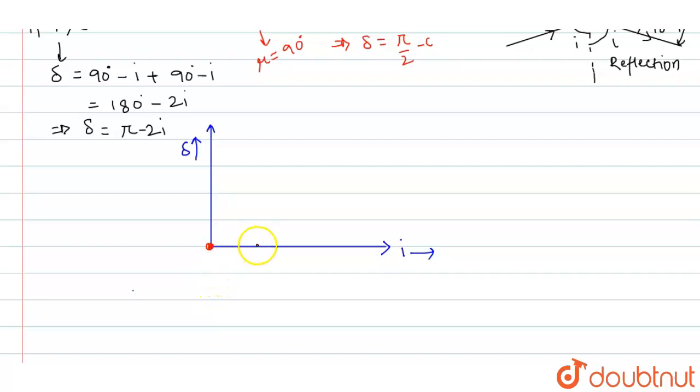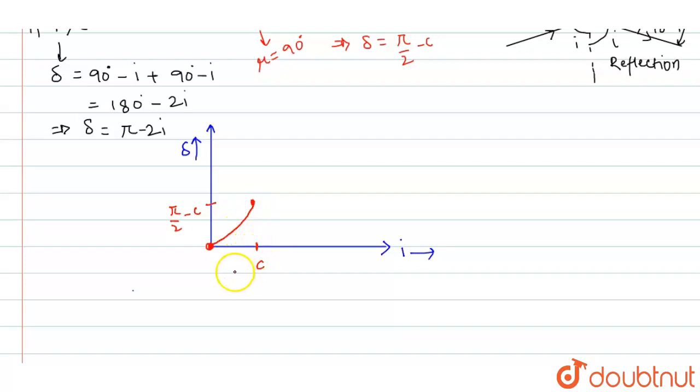When the angle of incidence is equal to the critical angle, then the value of delta is pi by 2 minus C. So let this be this point. So what will happen during this time? During this time, the graph will go on increasing, right?